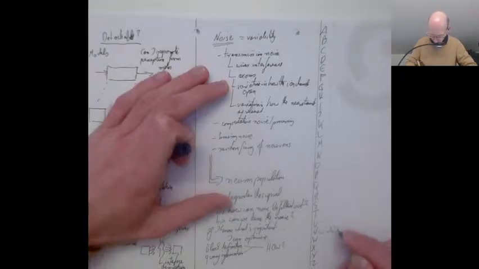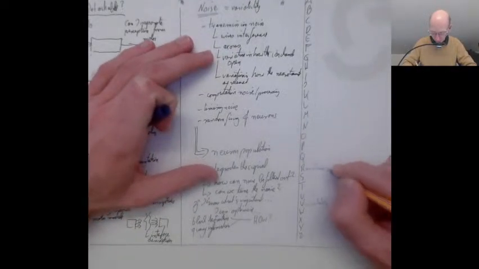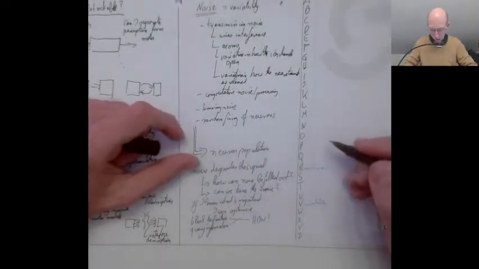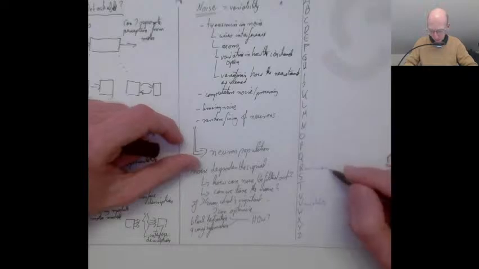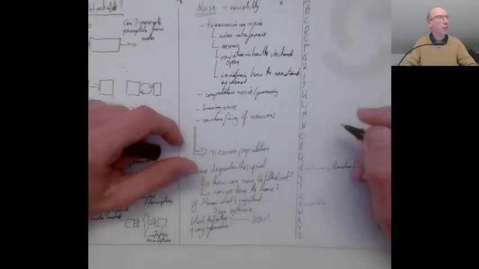Variability, randomness. Can't really read this, sorry. Let me choose a different pen. Randomness, variability. We have random firing. What is noise?